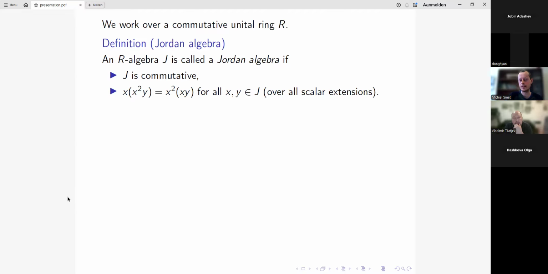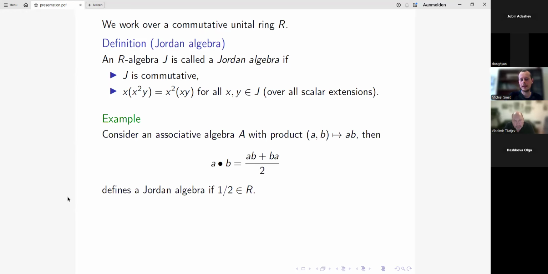The fact that this identity holds over all scalar extensions implies that other identities called linearizations hold as well. These other identities do not necessarily follow from this identity over R.